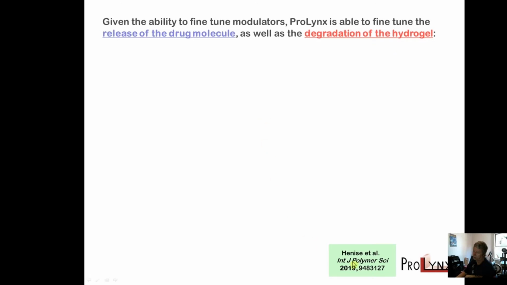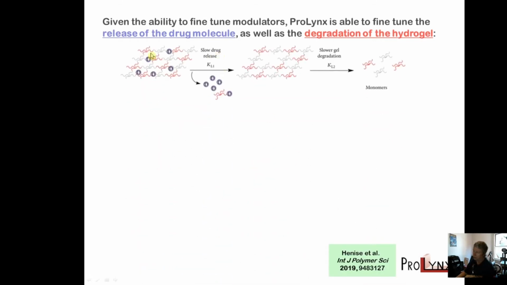So this is a different paper, recent. This is last year, International Journal of Polymer Science. I think I'll try to post all of these on the course website. This shows the hydrogel. This is the polymeric cross-linked hydrogel, and there are the little drugs in there.